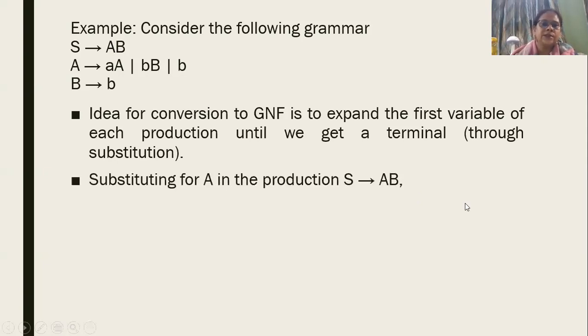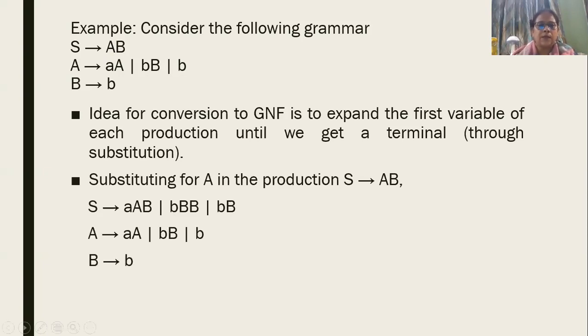So in this case, we can substitute for A in the production S derives AB, and we get S derives aAB, bBB, and so on, and the remaining productions remain the same. Now here we are able to convert this given grammar into GNF without much effort, simply by using substitution.